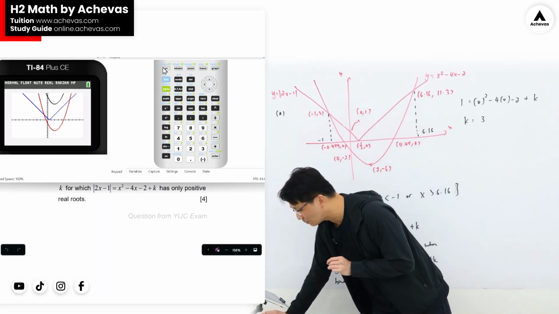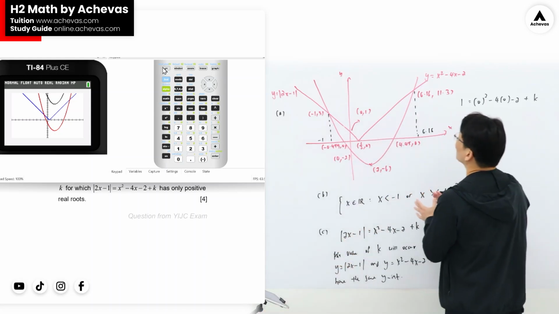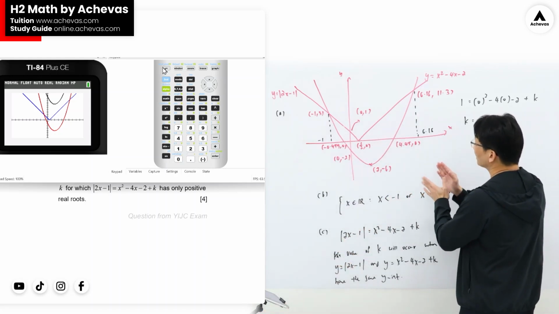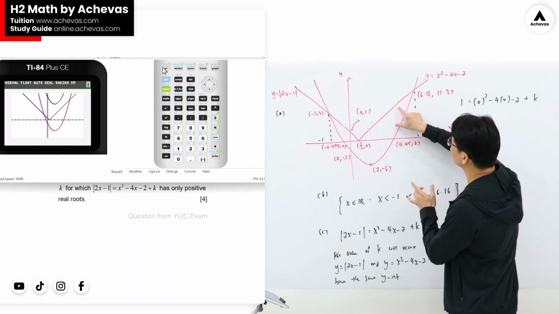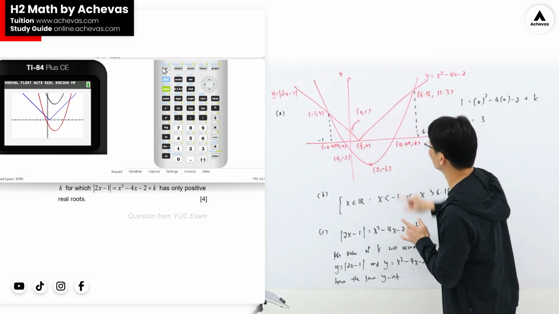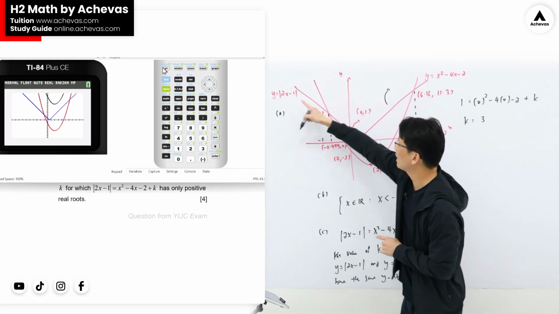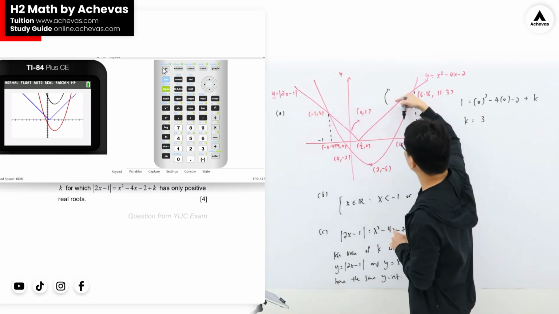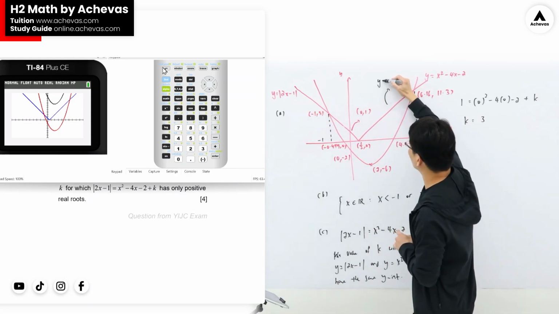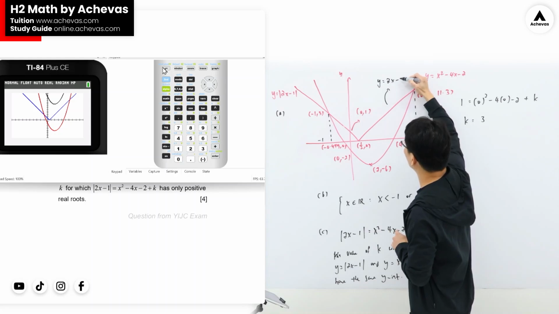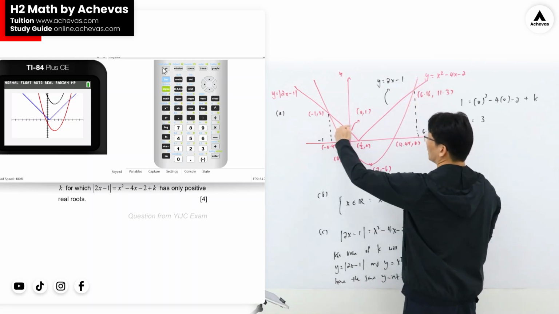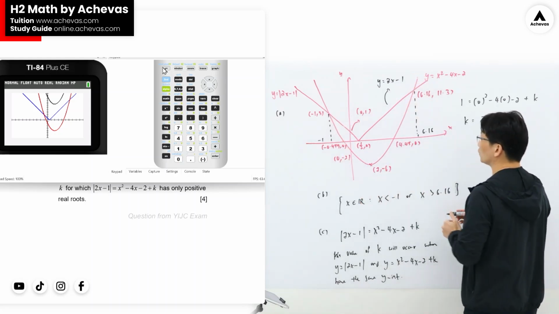And if we were to try to play around, we will know that there will be positive roots as long as the graph will intersect the positive part of this modulus graph. And this modulus graph, if we break it up into plus minus, this part of the graph will be y equal to 2x minus 1. This part will be the negative part, which we are not really interested in.